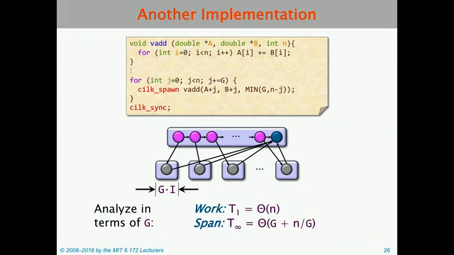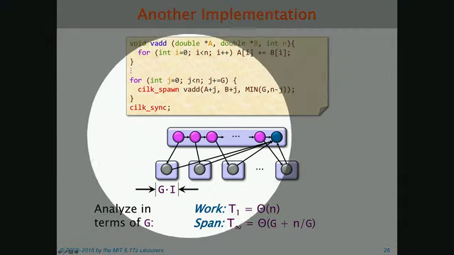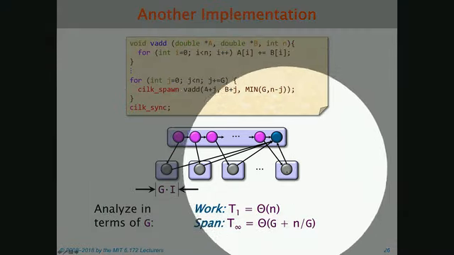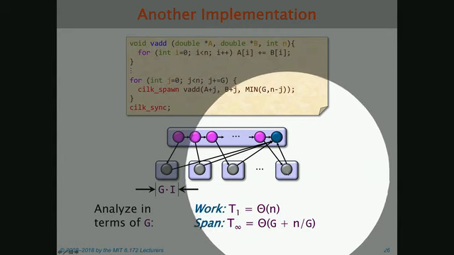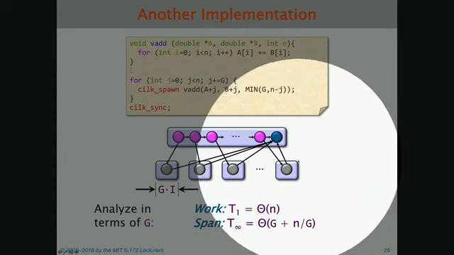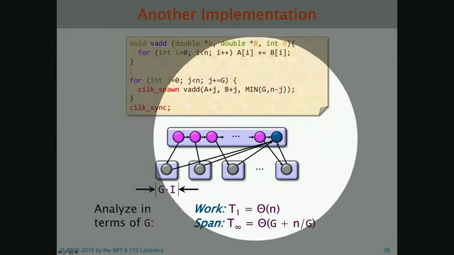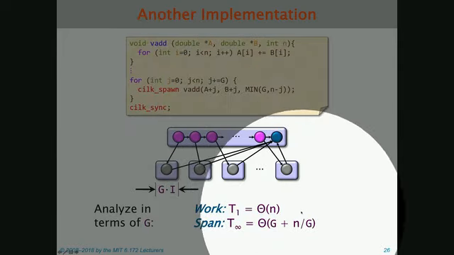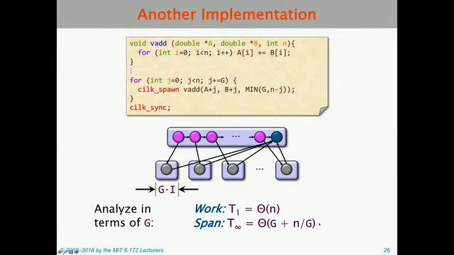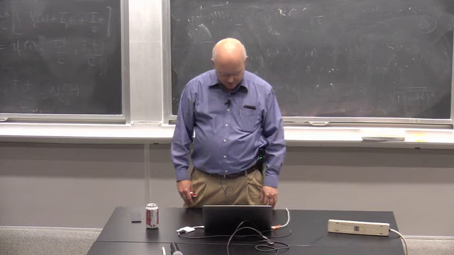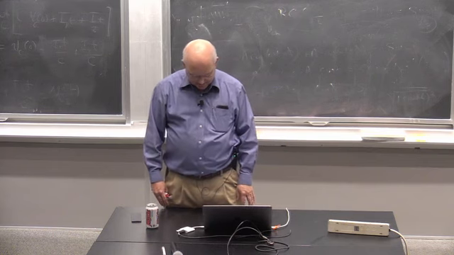The path that we care about goes along the top here and then goes down there, and this has span G. So we've got n over G here because I'm doing chunks of G, plus G. Now how can I choose G to minimize the span? There's nothing to choose to minimize the work, except there's some work overhead that we're trying to reduce. But how can I choose G to minimize the span?